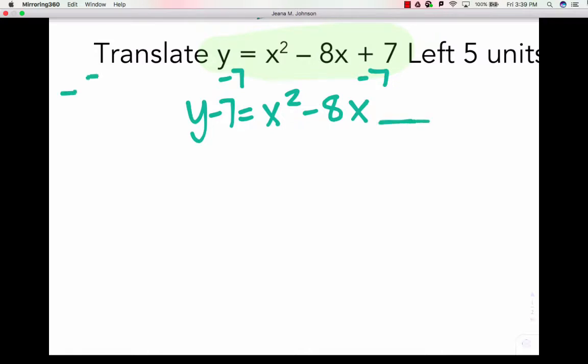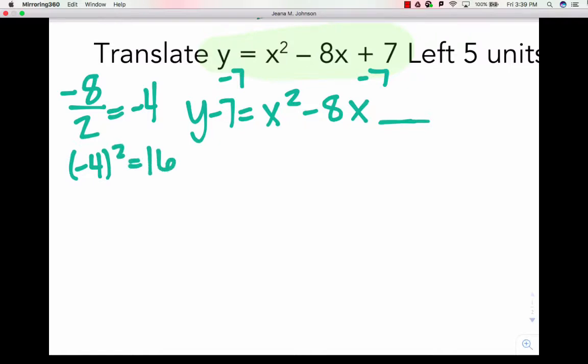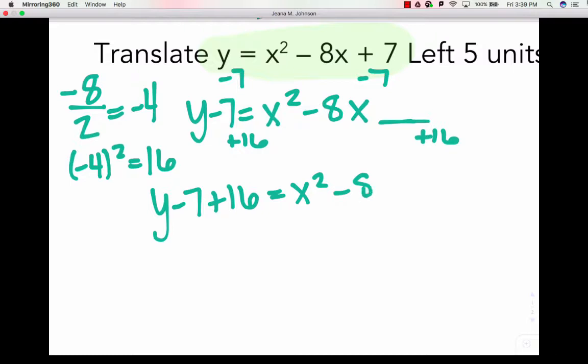So I'm going to take the b value and divide it by 2 to get negative 4. And then I need to square that. So negative 4 squared is 16. Since I'm going to add 16 to the right side, I also need to add it to the left side. So I have y minus 7 plus 16 is equal to x squared minus 8x plus 16.